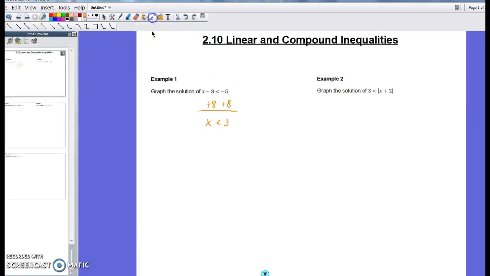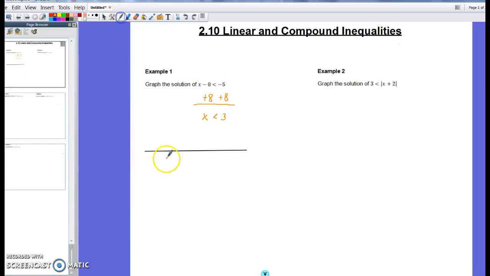Okay, so if I'm going to put that on a number line, right here's my number line, and again, it doesn't have to be anything fancy. 3 is my starting point, so I'll put that right in the middle of my number line, and then I'll write a couple points below it and a couple of points above it.